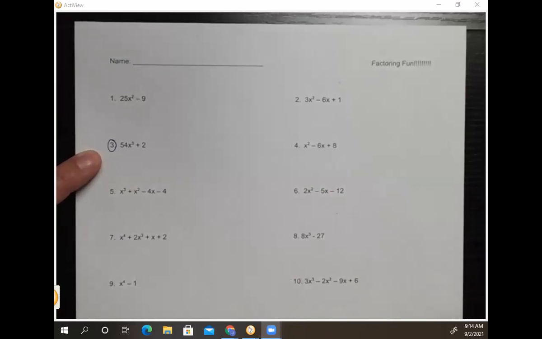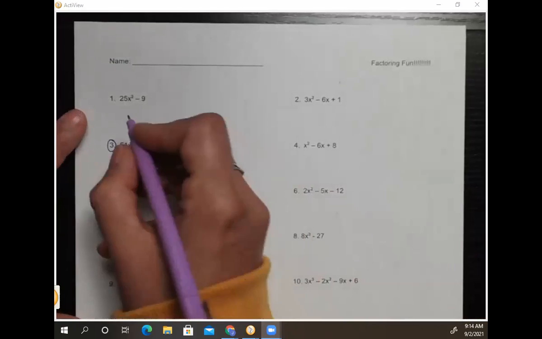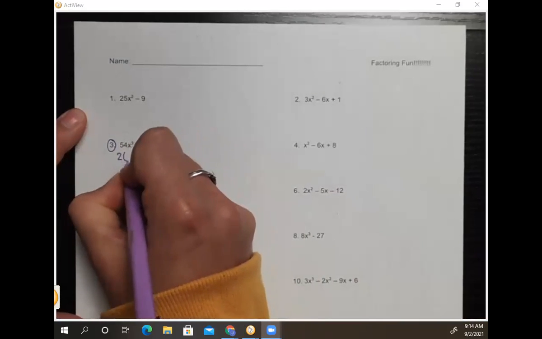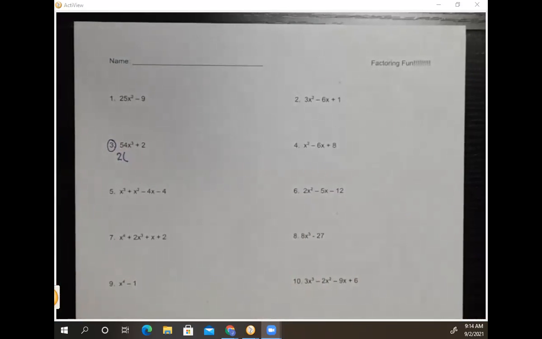What would be our GCF here? 2. These are both divisible by 2, so I could factor out 2. So we would take 54x cubed and divide by 2. So what is that? 27. So we would have 27x cubed.